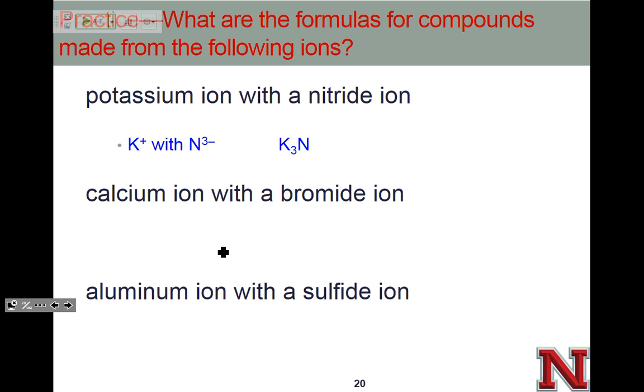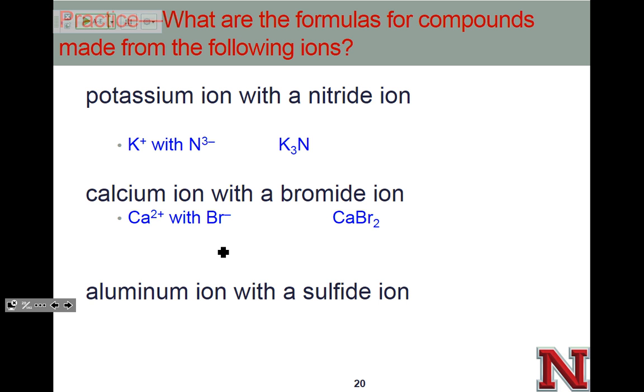Calcium ion is our 2+, and our bromide ion is 1-. This one's fairly straightforward as well. We need 2 bromine ions to balance with every 1 calcium for that charge to cancel out. So CaBr2. Again, notice if we only have 1, we don't show the 1 in our formula.